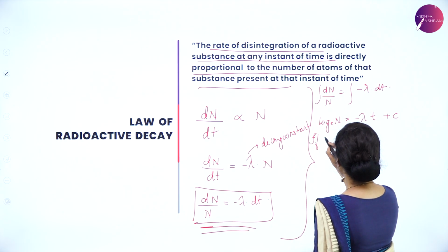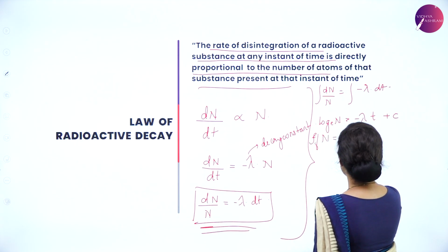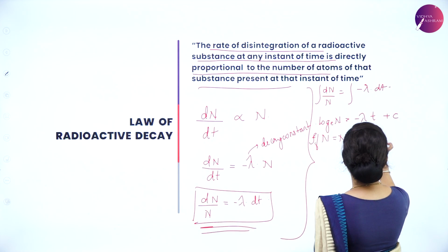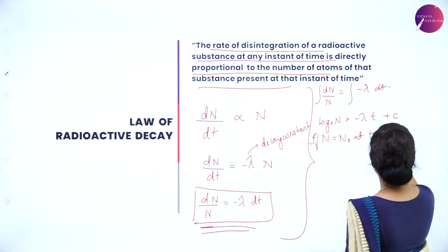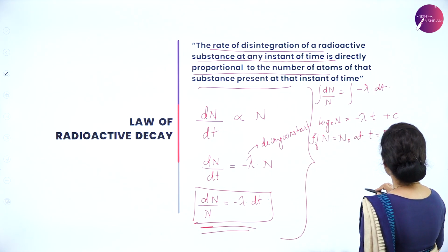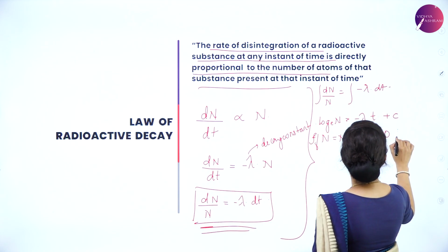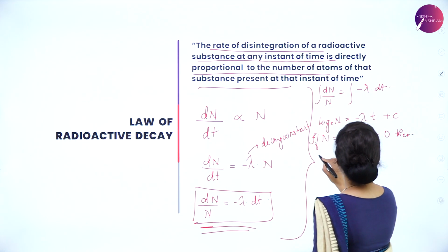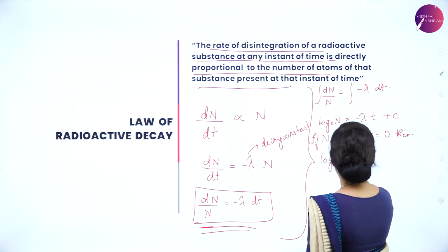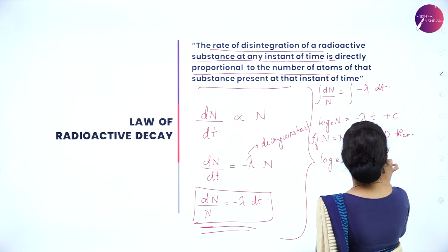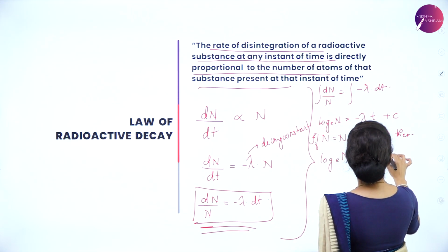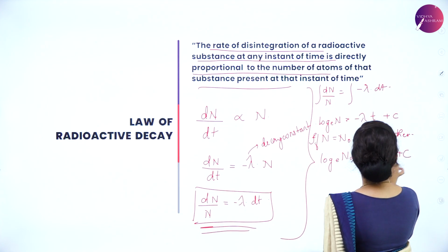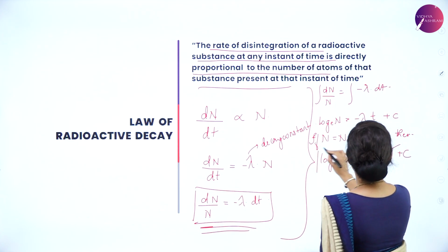In case N is equal to N naught at the initial time, at time t is equal to 0, then the equation turns out to be log e N naught is equal to minus lambda times 0 plus c. So instead of c, you have this equation.